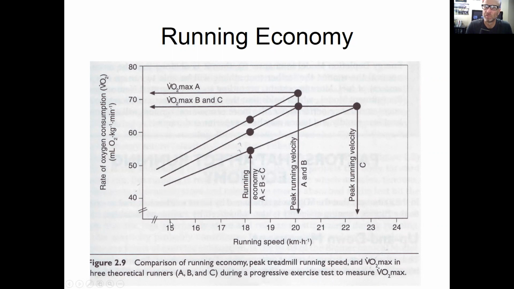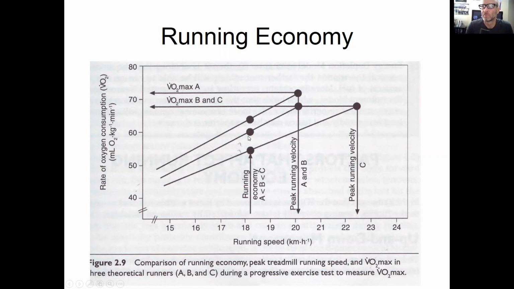So doing a graded exercise test from 15 to 20 miles per hour, runner A stopped here. Runner B stopped the test at the same speed, and runner C went all the way over to 22.5 kilometers per hour. Again, these are hypothetical data.